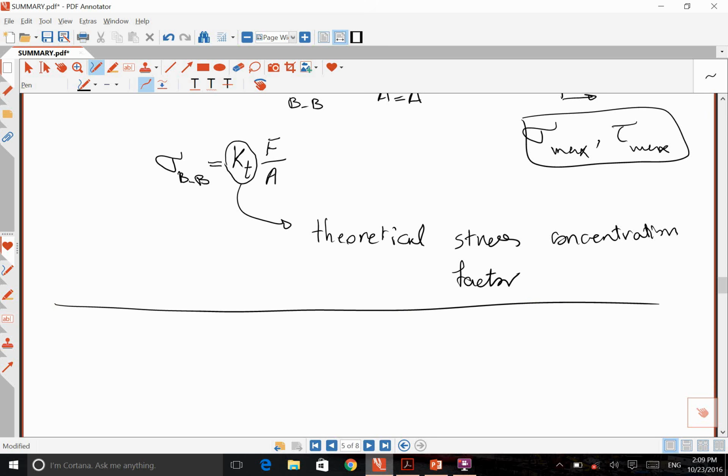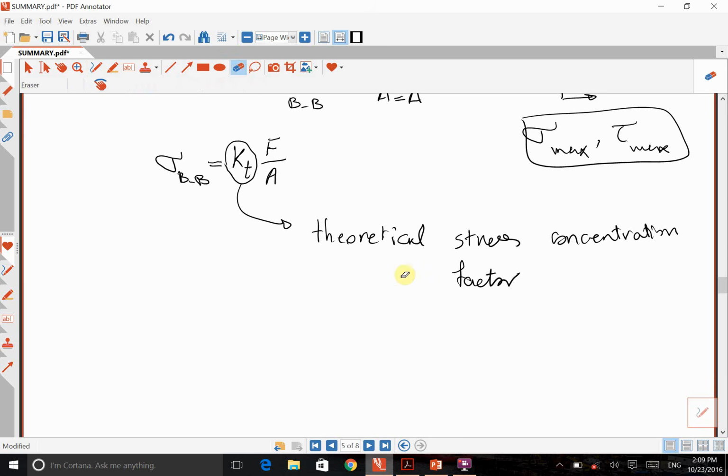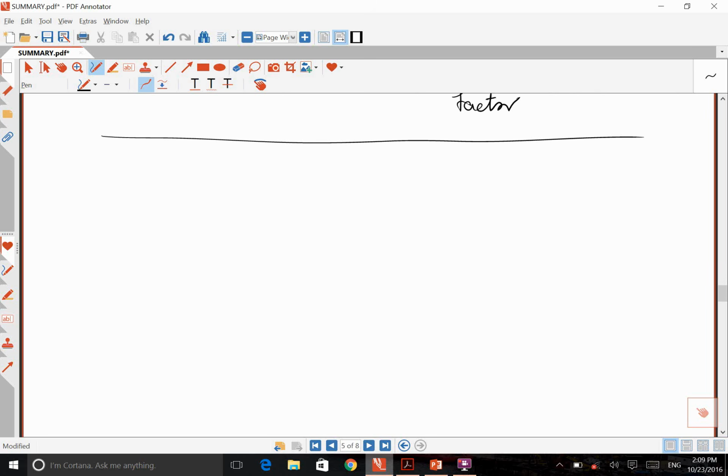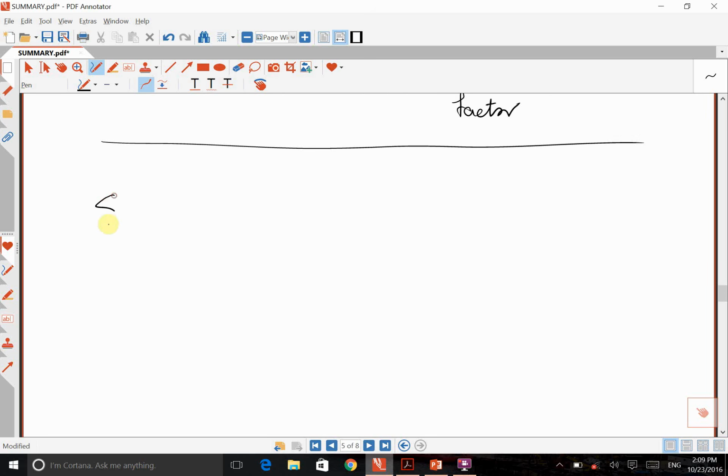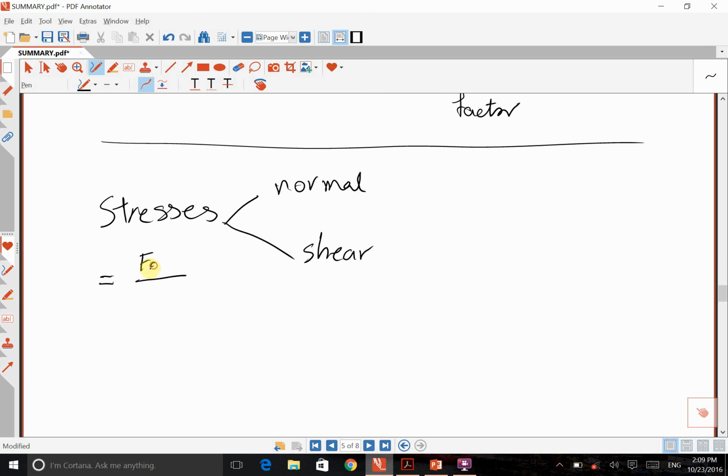That's the first point that I wanted to mention. The second point is about loads and stresses. We can have two types of stresses: normal stress and shear stress. Stress, by definition, is force over area, and we discussed the difference between stress and pressure.